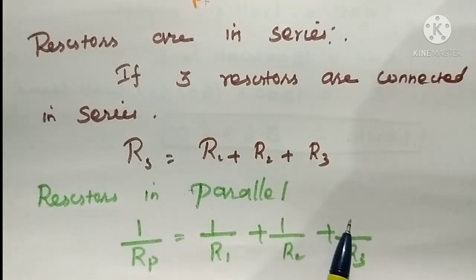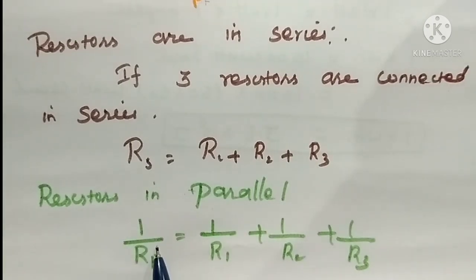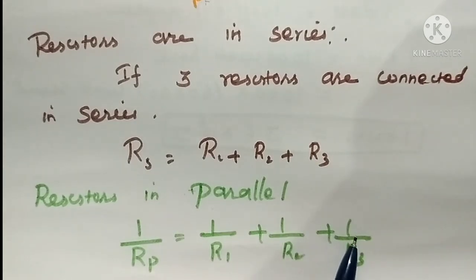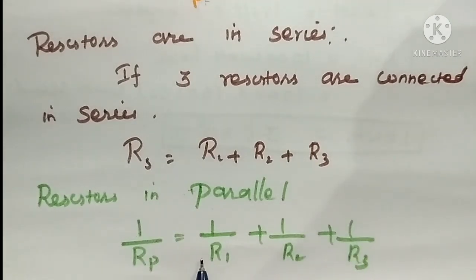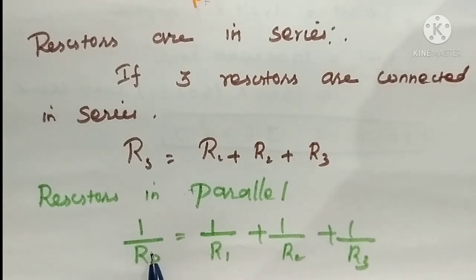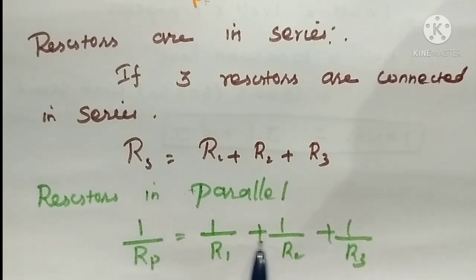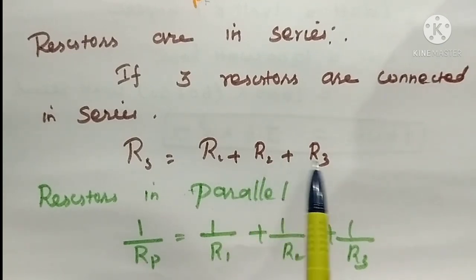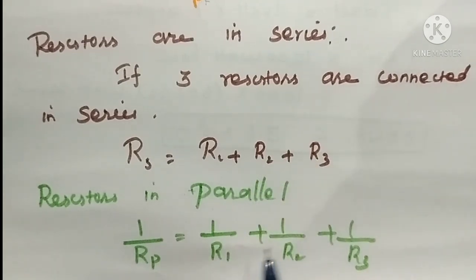The reciprocal of the effective resistance is equal to the sum of the reciprocals of the individual resistances. Remember these two formulas. Series means just add R1 plus R2 plus R3. Parallel means 1 by R1 plus 1 by R2 plus 1 by R3.